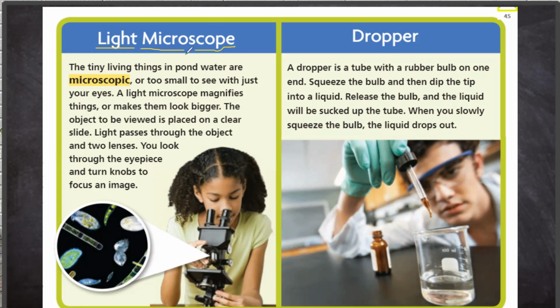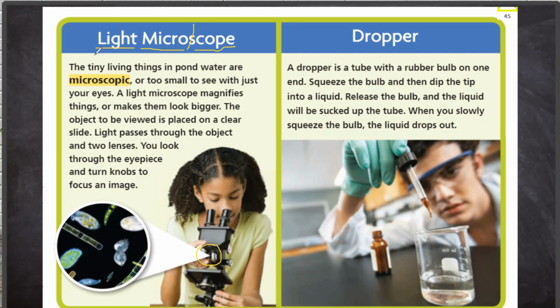I divided it into three. Okay. Now, light. Why do we say light? Because we use light over here to see. You will find light over here to make you see. And micro means very small or very tiny. And scope is the thing that makes you look, or the thing that makes them look bigger.